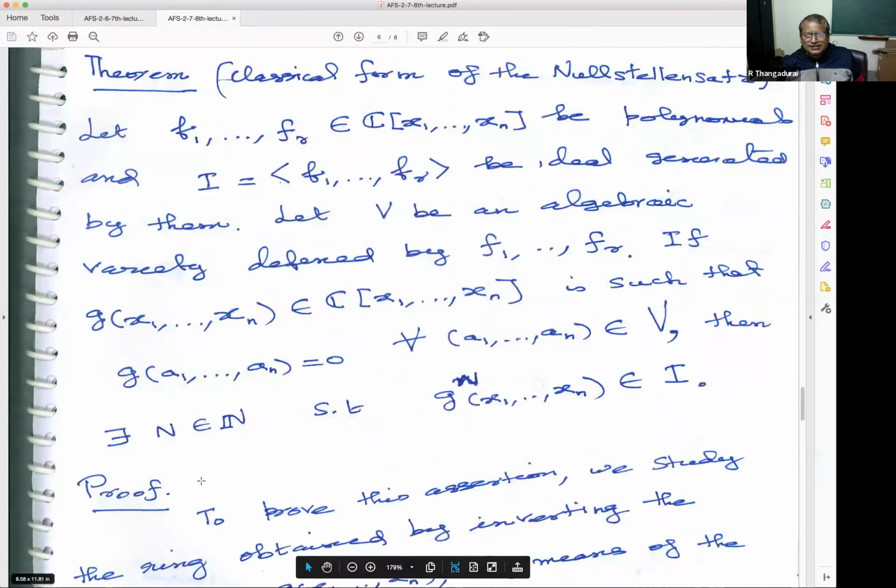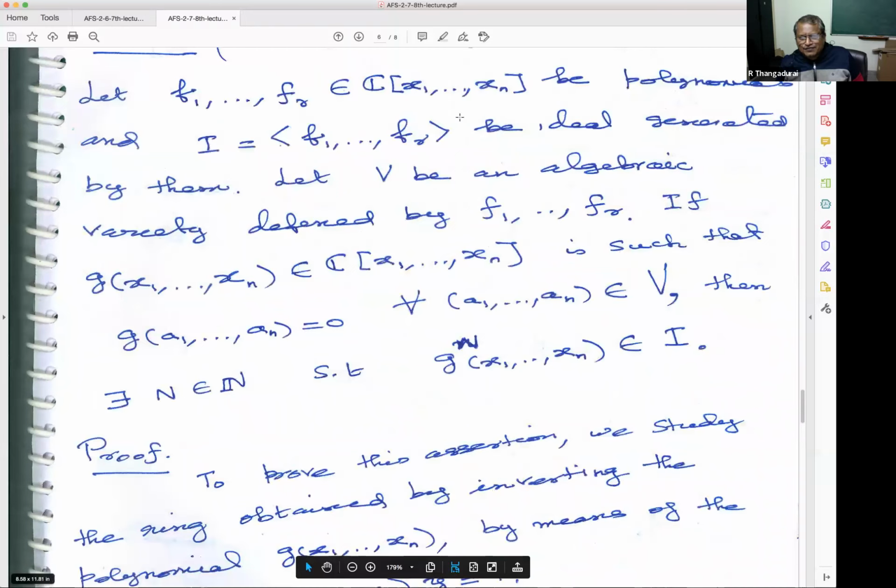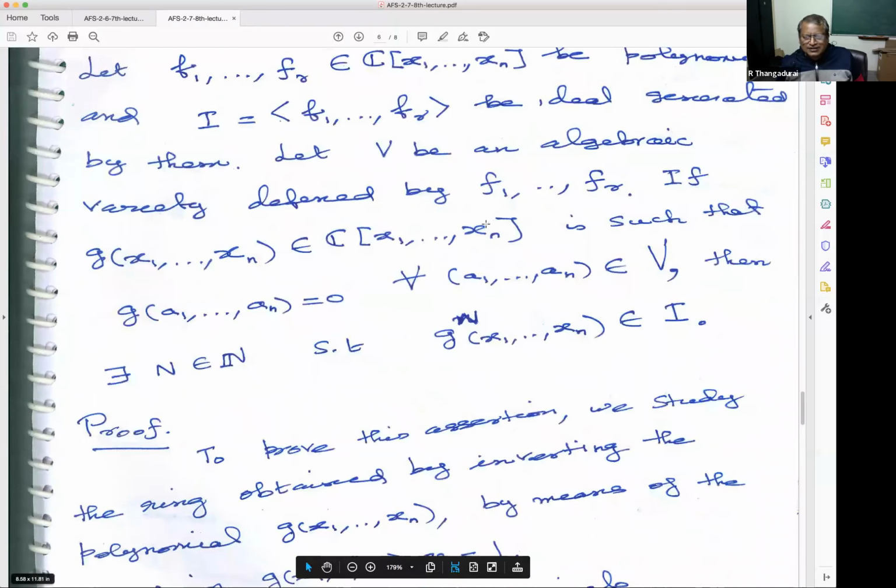This is the classical form of the Nullstellensatz.